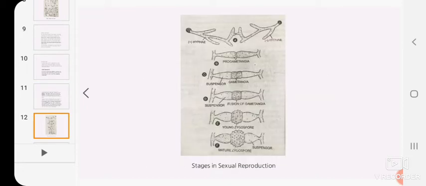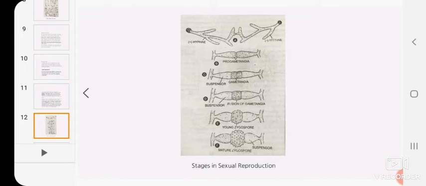So in the diagram you can see that one of the mycelia belongs to the positive strain and the other belongs to the negative strain. Now these two mycelia come together, they develop special hyphae known as zygophores. Now zygophores come together and they develop copulating branches, and these branches are known as progametangia.